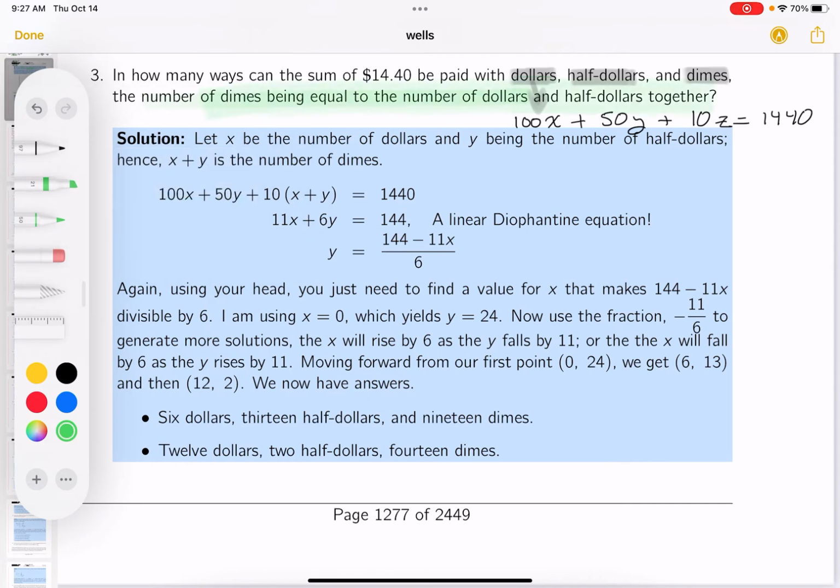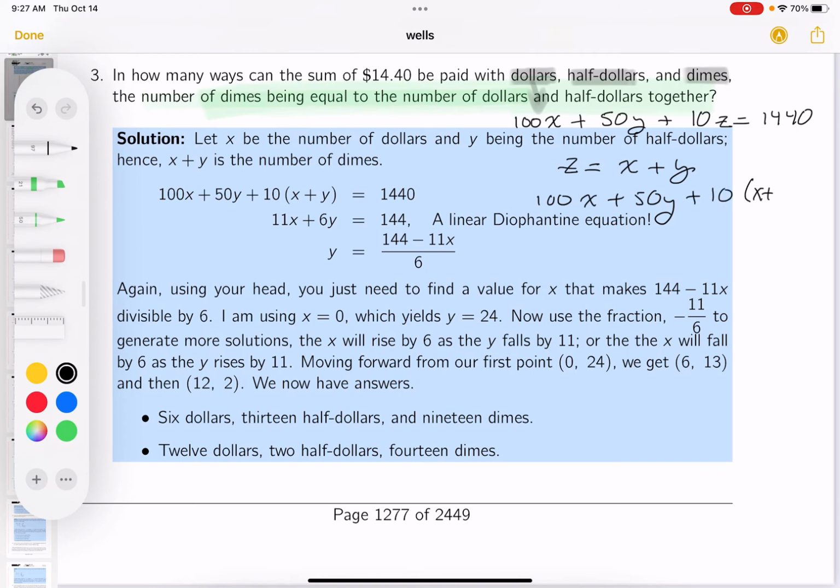The number of dimes, and I really apologize for not reading it fully. The number of dimes, which is Z, is equal to the number of dollars and half dollars. So the number of dollars is X, the number of half dollars is Y. And I apologize for not reading that sentence completely. All right, let's write it down again. It's going to be 100X plus 50Y plus 10, and what's Z equal to?